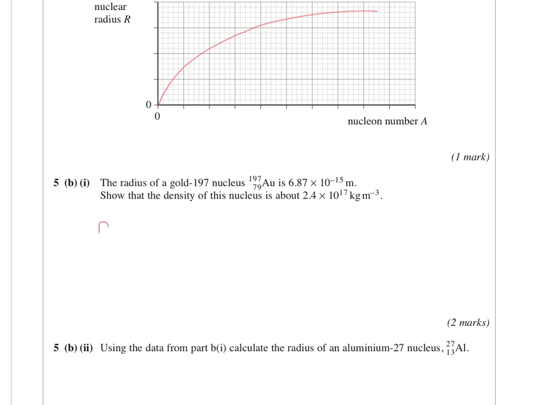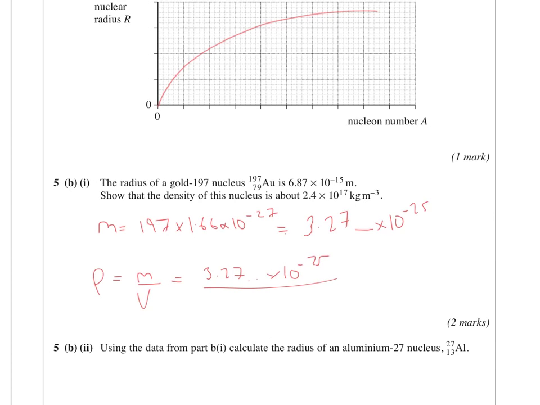So first, the mass is going to be 197 times 1.66 times 10 to the minus 27, which let's calculate that now. So 197 times 1.66 times 10 to the minus 27, which is 3.27 times 10 to the minus 25. So to get the density, we need to do the mass over the volume, which is 3.27 times 10 to the minus 25.